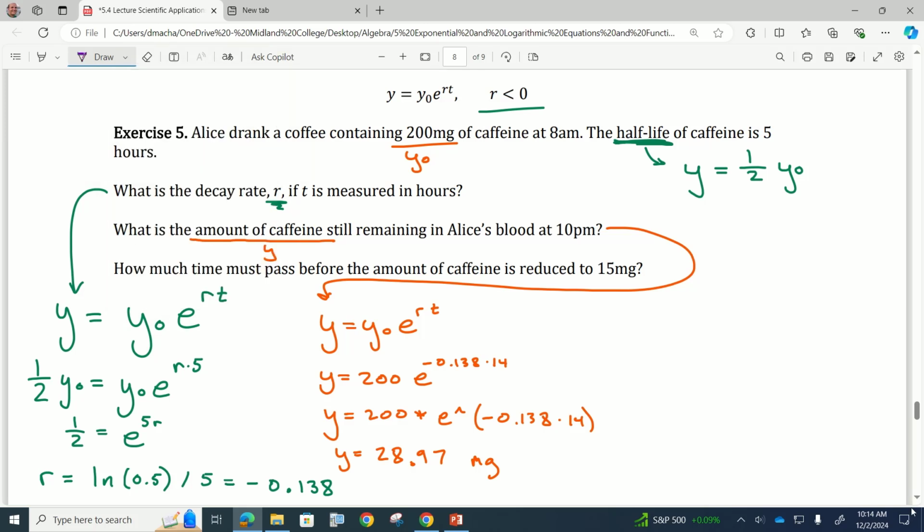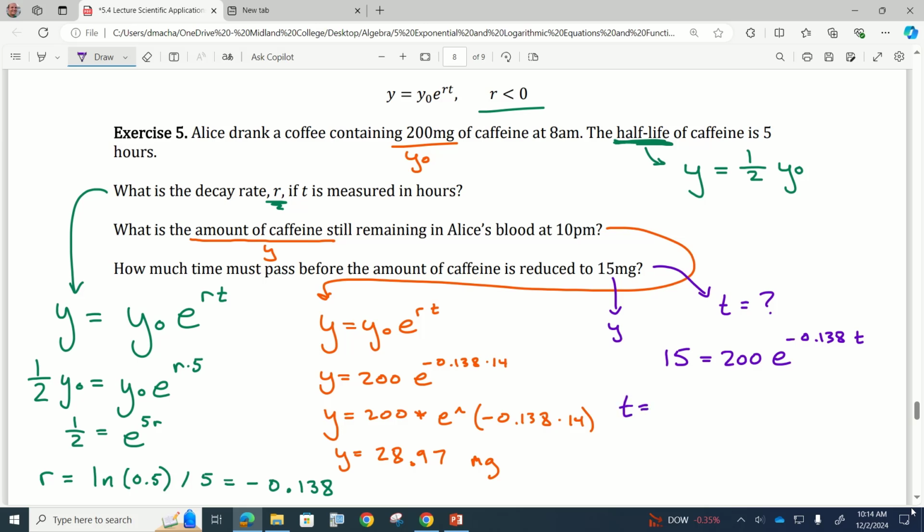The last question says, how much time must pass, so I'm looking for t, if I want the amount of caffeine to be reduced to 15 milligrams. And so writing down my equation, y equals y naught times e to the power rt, y is 15, y naught is 200, e to the power negative 0.138, and this time I'm trying to find how much time has passed. So I divide both sides by 200, and then to get rid of the e, I need to use the natural logarithm.